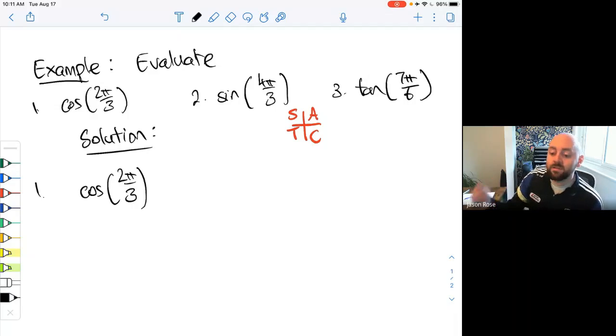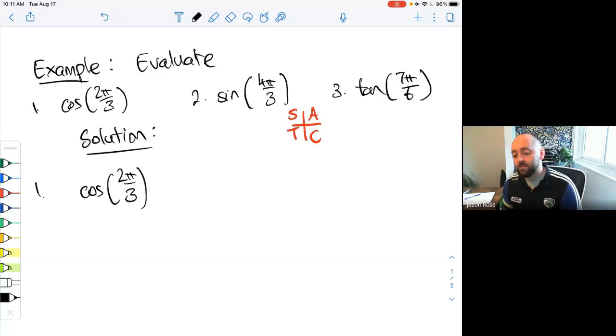They return a positive value. In the second quadrant where you see S, sine is the only positive trig function. In the third quadrant, tan is the only positive one, meaning that sine and cosine are both negative. And in the fourth quadrant, C, cosine is the only trig function that returns positive output, meaning that sine and tan of angles in that fourth quadrant return a negative number.